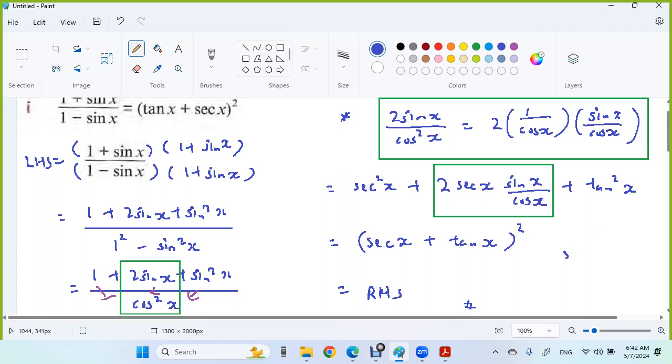Okay, so we know that the sine square plus cos square equal to 1. So cos square is 1 minus sine square. And then the tangent x is the sine x over cos x. And for this part, we have a minus b multiplied with the a plus b, then it will become the a square minus b square for this part. Okay.